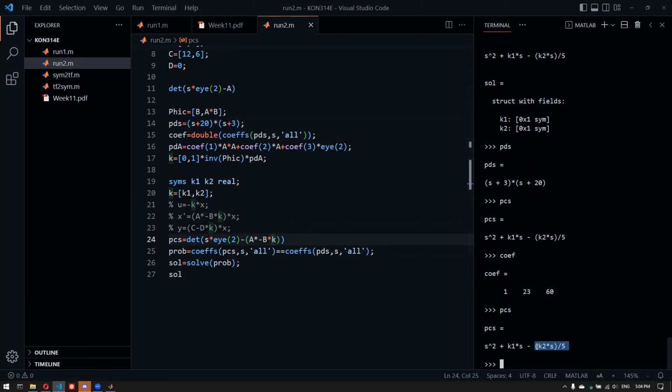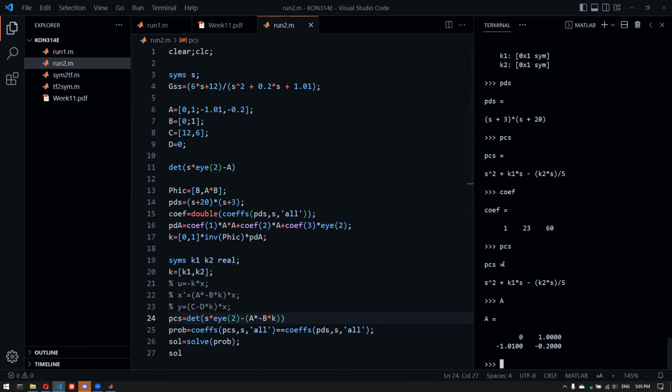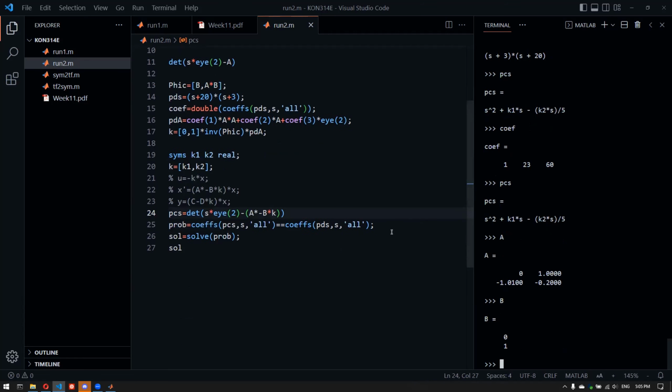Oh, it's in the s term, which it shouldn't be. Why do we have this problem now?